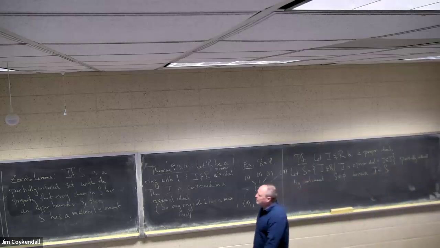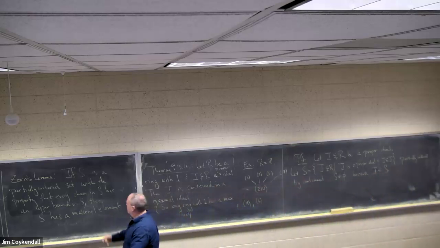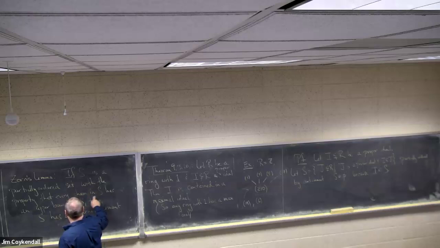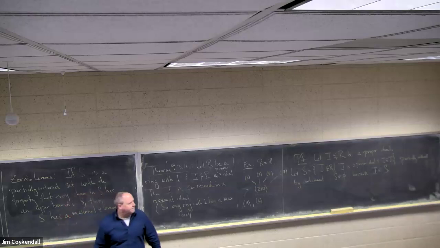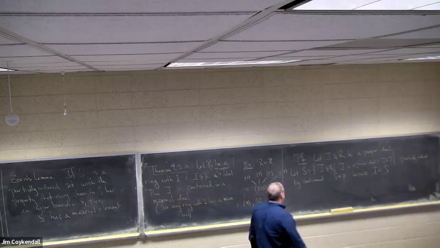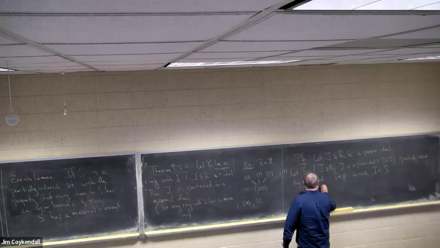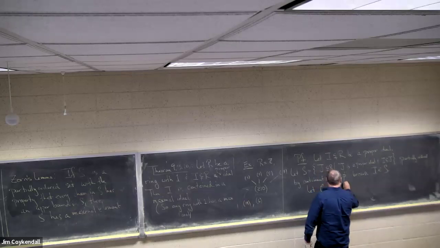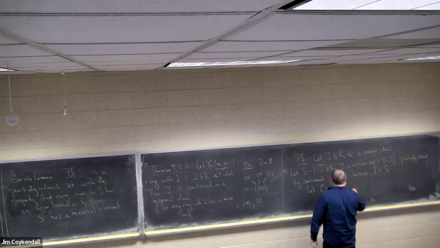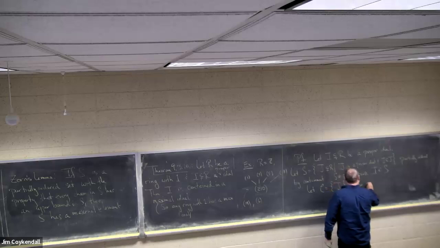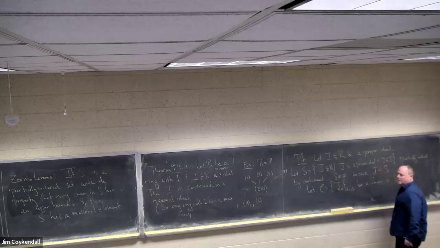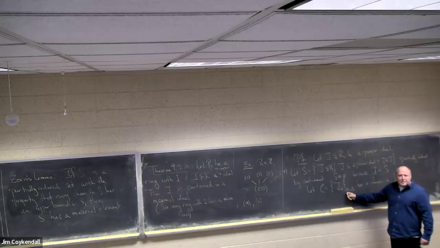Now, let's take a look at Zorn's lemma here. Zorn is speaking to me. It says, if you have a partially ordered set, which we have, and it has the property that every chain in S has an upper bound, then S has a maximal element. So let's let C be a chain.